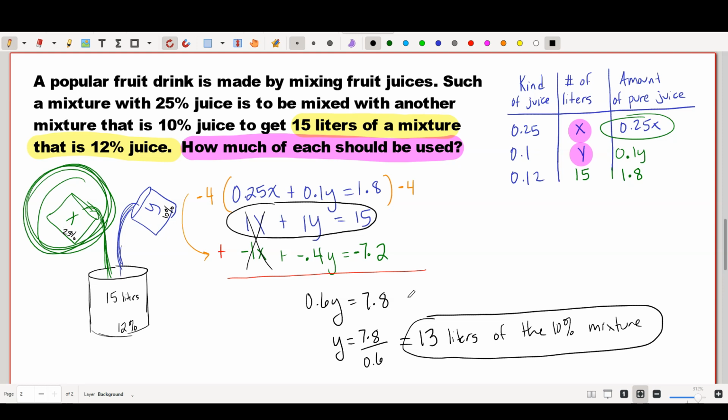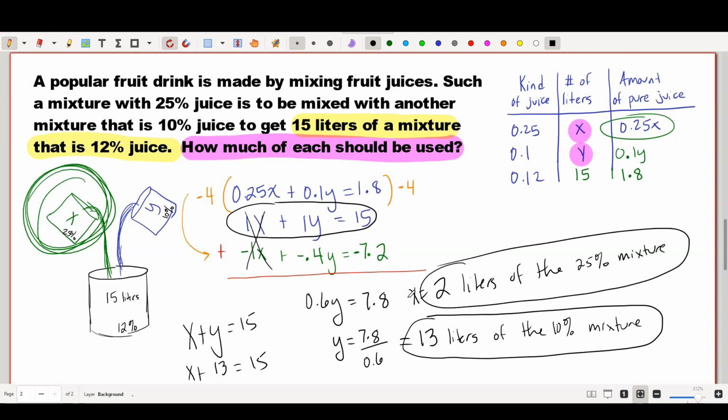Because if you do the algebra, x plus y equals 15, and we know that y is 13, so I could plug in 13 there. Well, what does x have to be? Of course, it has to be 2. So x equals 2, and this would represent 2 liters of the first solution, the 25% mixture here.